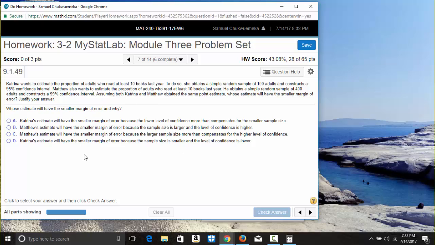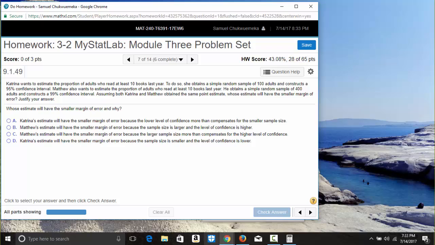So if you look at this, the one that will have the smaller margin of error will be the one that has the larger sample size and the one that has the greater confidence level. You see somebody saying he's 99% confident, and somebody saying that she is 95% confident. So who has more accuracy?